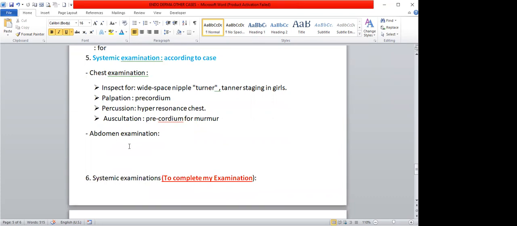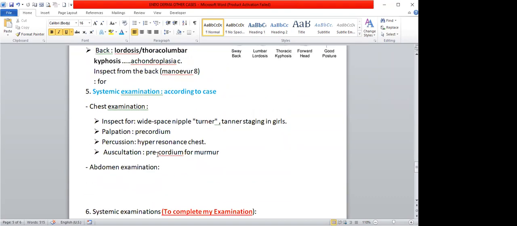So where will you examine the child's abdomen in short stature? Can anybody suggest? Kidneys, maybe. In case of steroid toxicity, what will be the finding in abdomen?